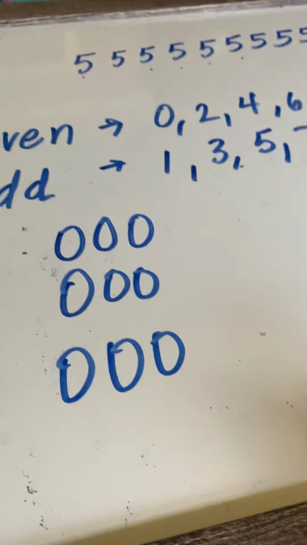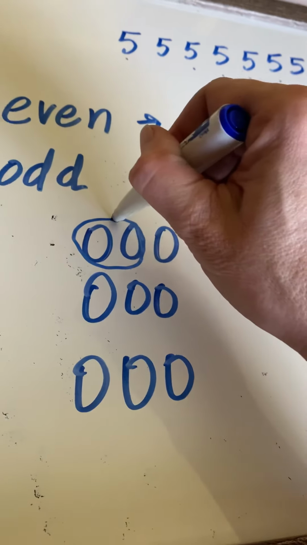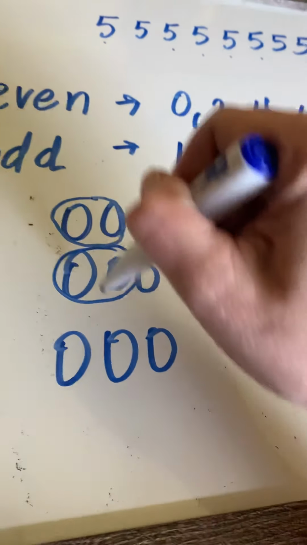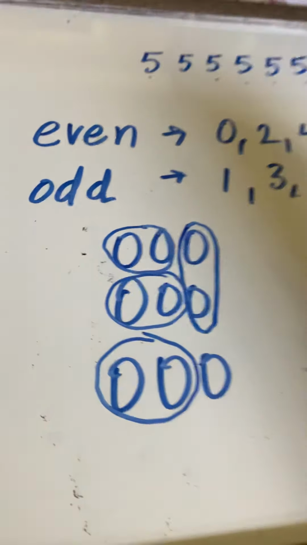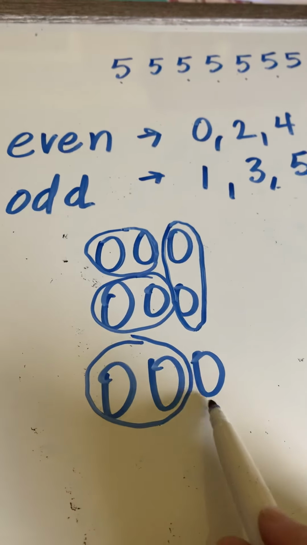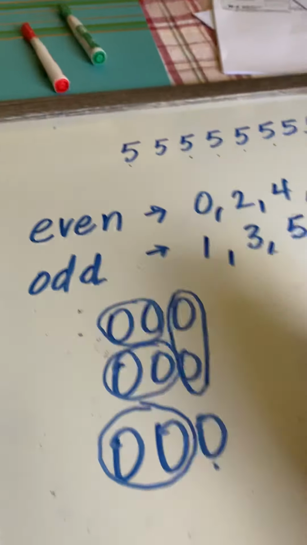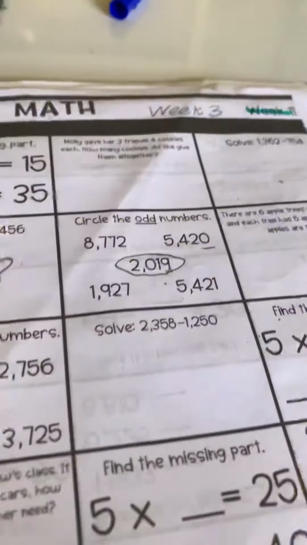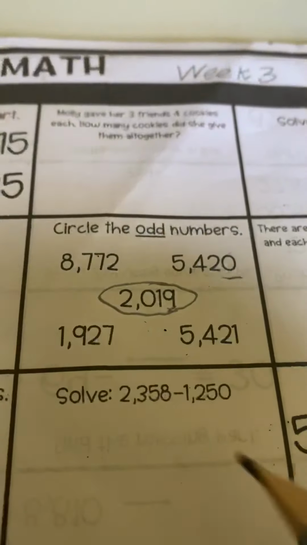If I drew up 9 circles, I want them all to have a partner to be even. And if they don't all have a partner, it's going to be odd. So here we have 4 groups that have partners, and then we have 1 left over. So 9 is going to be odd because you have 1 left over. So over here, you're going to circle this one because it is odd.